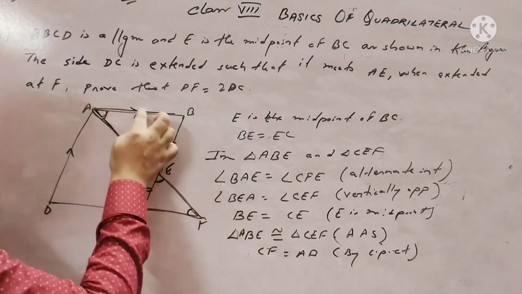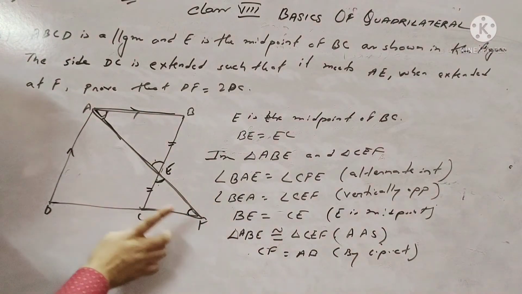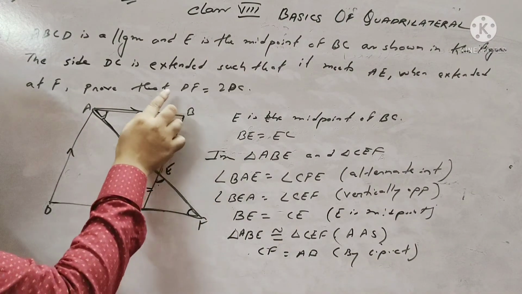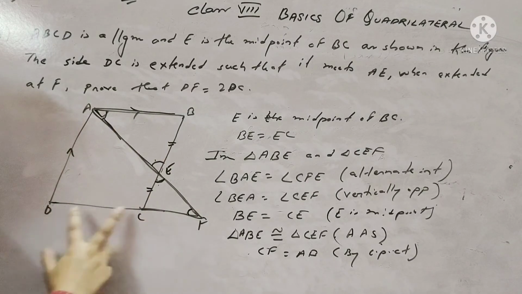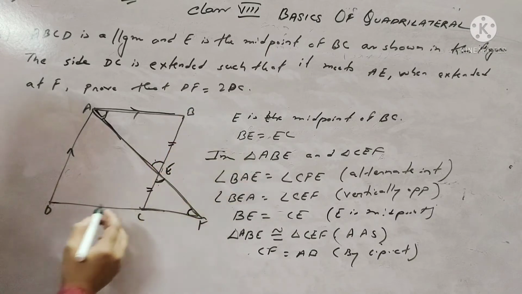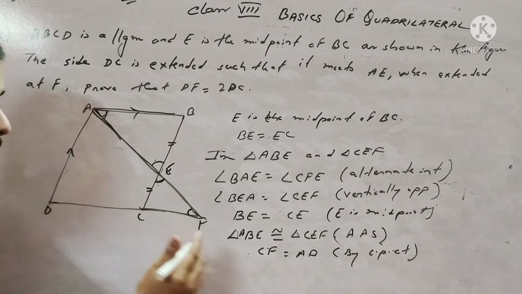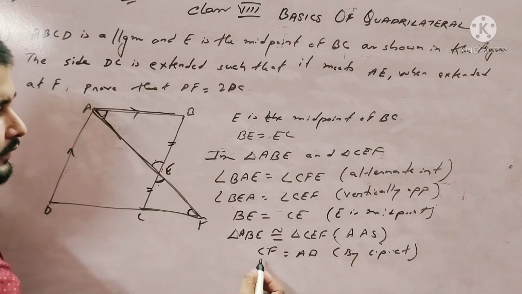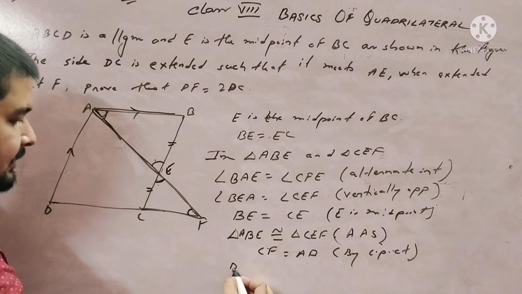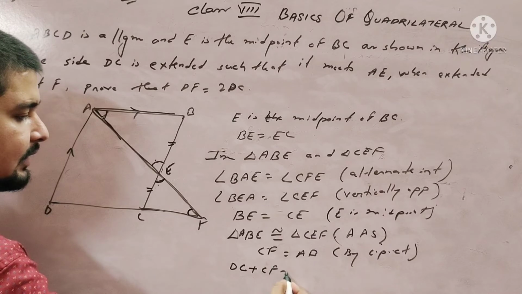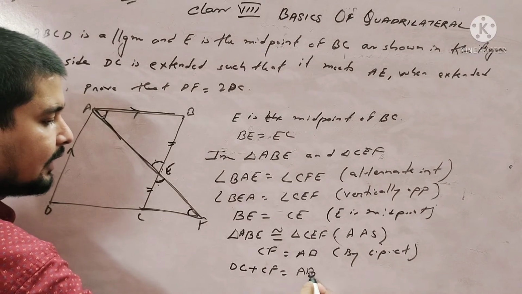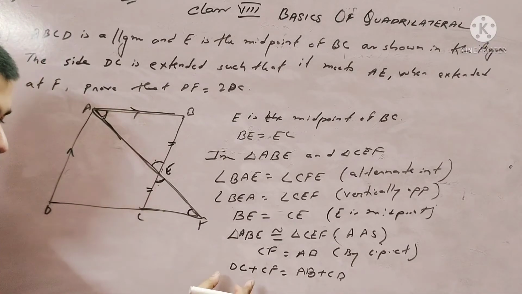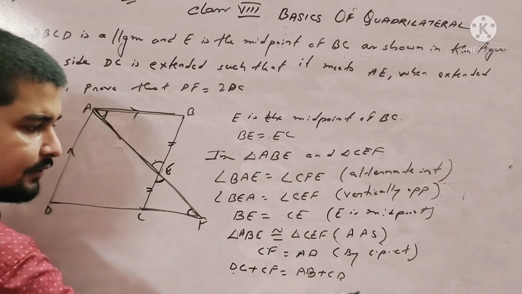That means AB equals CF. And the question is to prove DF equals 2DC. So if you add here, first of all CF is given, AB is here, DC again you write, so both sides we add DC.